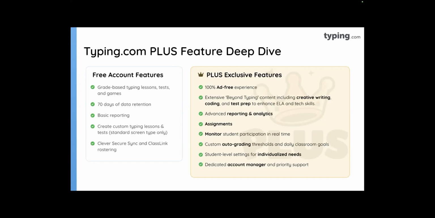You also get a dedicated account manager with priority support. That might seem not so important, but when you have a support issue you really need solved and you have classes and students in there, having priority support and one familiar face as a point of contact can be really important.